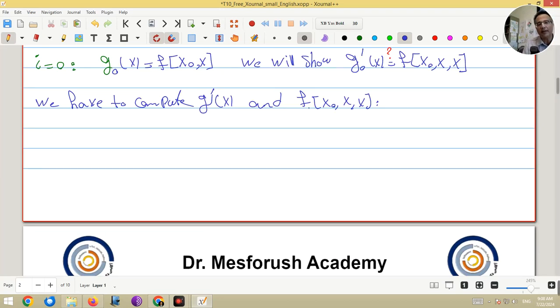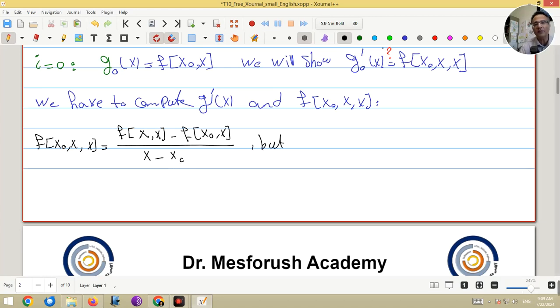Okay, let me start to compute these two quantities. First, let me compute f of x0, x and x. By the definition of the divided difference, this is equal to f of x and x minus f of x0 and x over x minus x0. But if you consider f of x and x, this is equal to the limit of f of x and x plus h when h goes to 0.